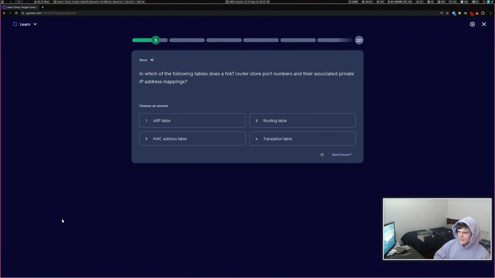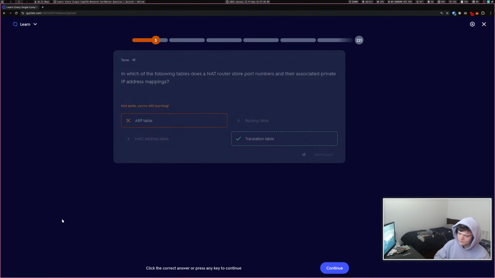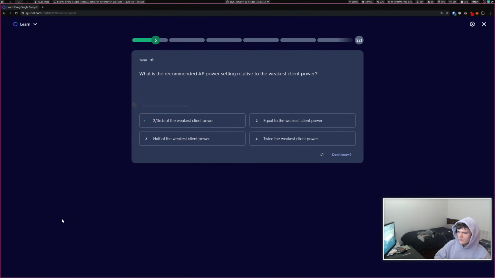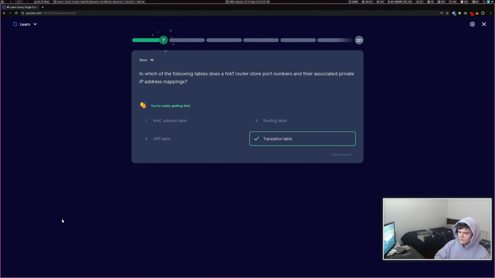In which of the following tables does a NAT router store port numbers and their associated private address? Isn't that an ARP table? Translation table. I didn't even read the other answers. Yeah, so 2/3 and translation table.